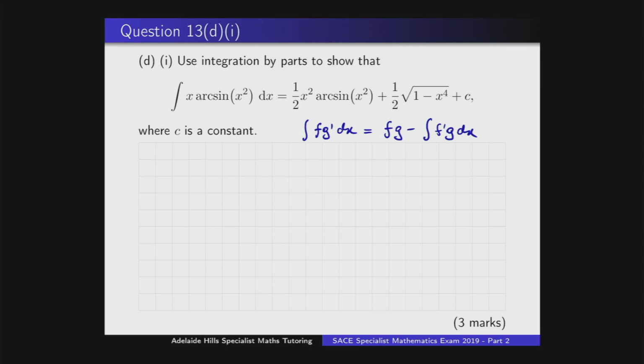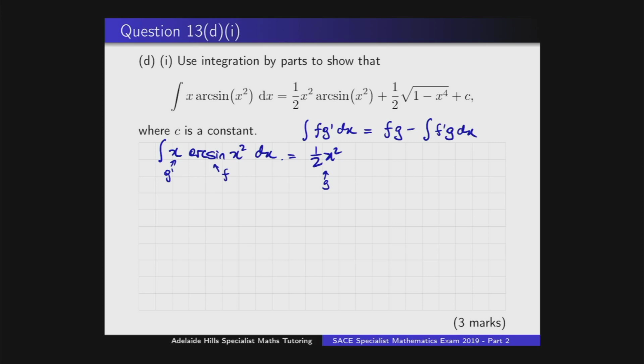Okay, and so let's write that out. The integral of x arc sine x squared dx. So we're going to let this one here be our g prime, and this is going to be our f. Okay, and so we're going to get f times g, so we need to integrate g, and we know that the integral of x is 1/2 x squared, so we're going to write half x squared, that's our g, and we're going to need to multiply that by our f.